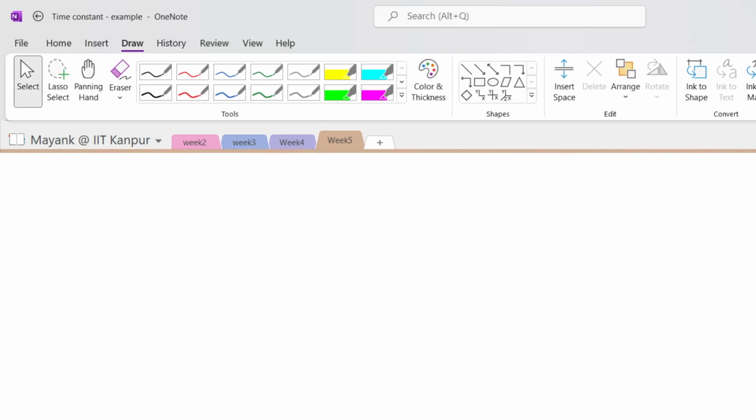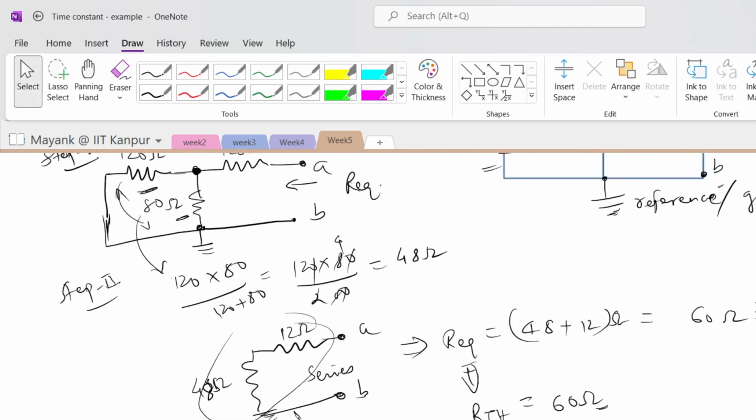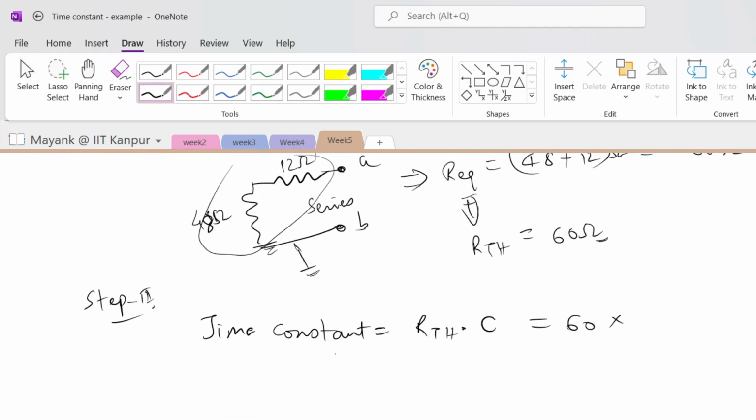It's 0.5 milli, right? So let's write that here. How much will this become? 30 millisecond, right? So you can see that in this case the time constant, which is also represented by tau, is equal to 30 millisecond, isn't it?